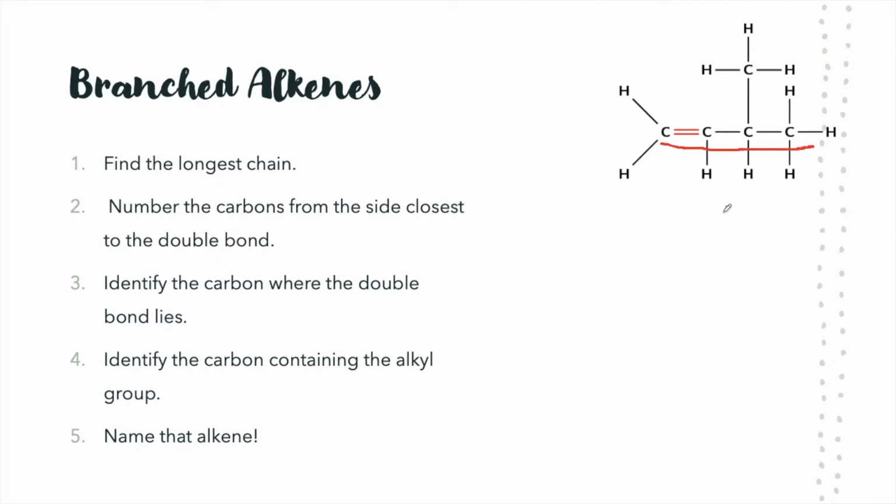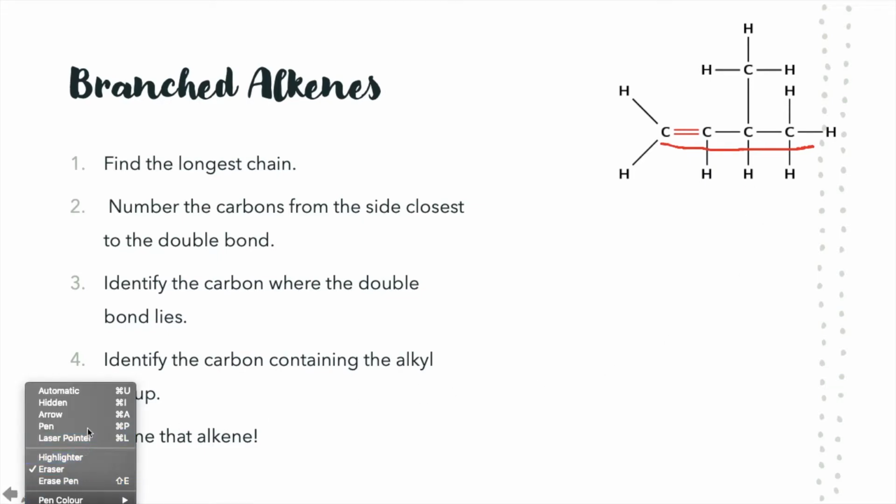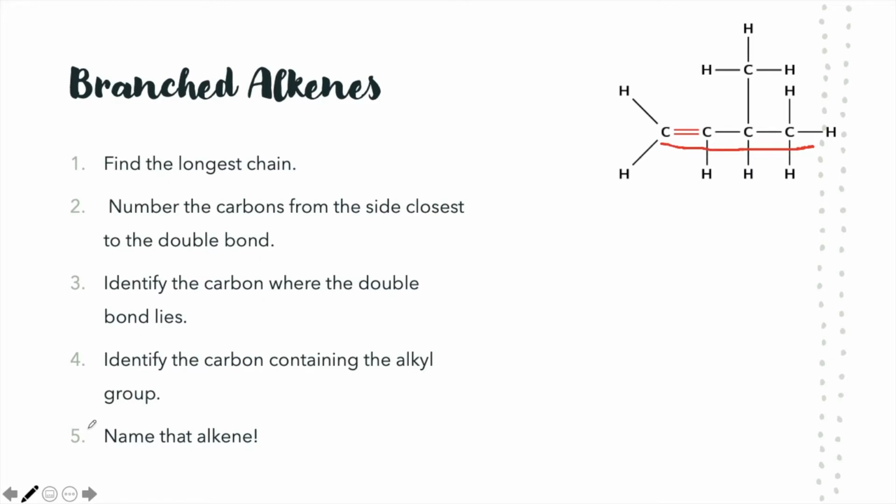Its prefix will be but, and the double bond here is on carbon 1. So it will be but-1-ene. We then have to deal with our branch group.